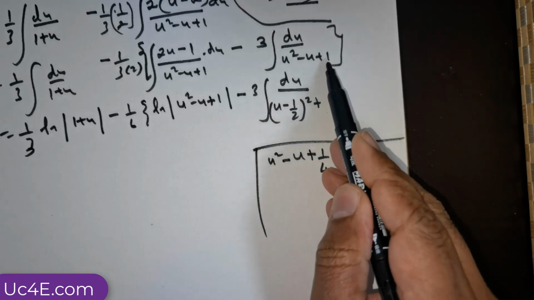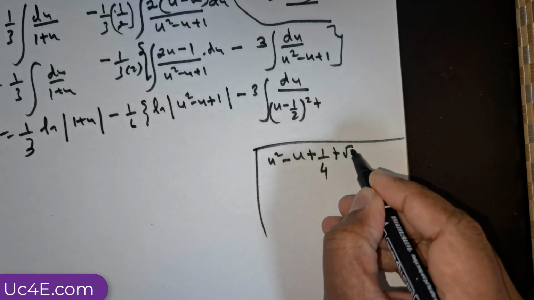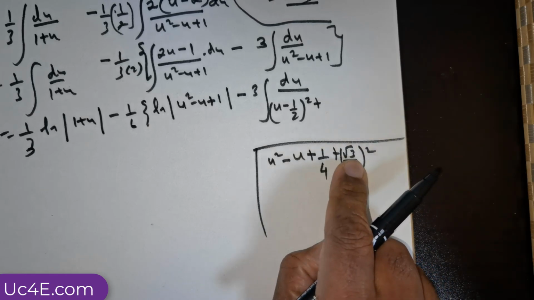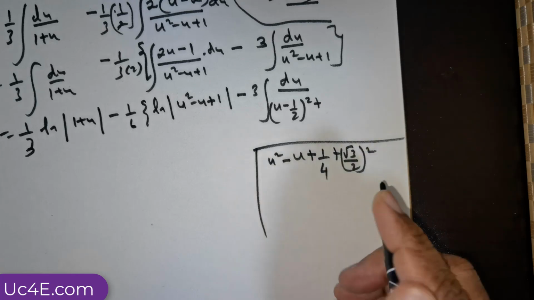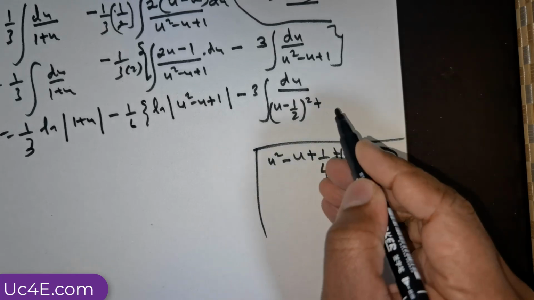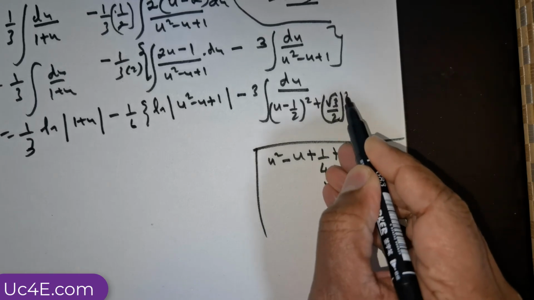Now I need to get a 1 there, so that is possible if I have (√3/2)², which gives 3 over 4, and these two can be added to produce 1. Fair enough, right? So this is (√3/2)².